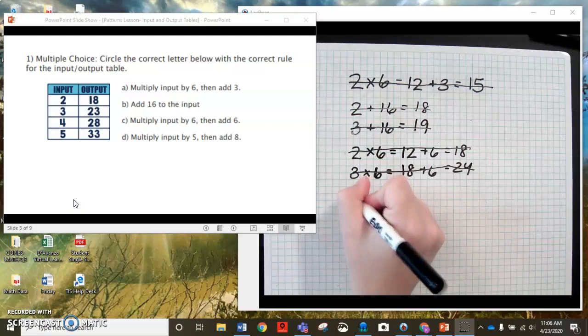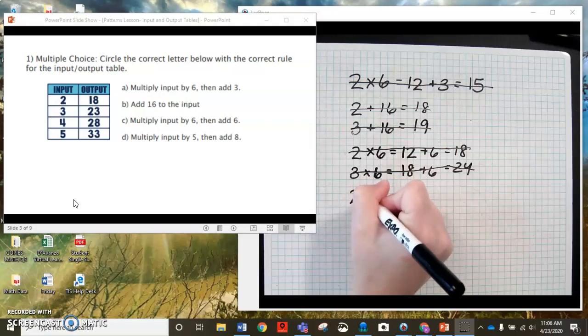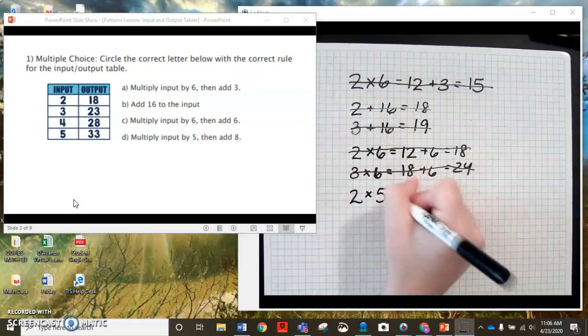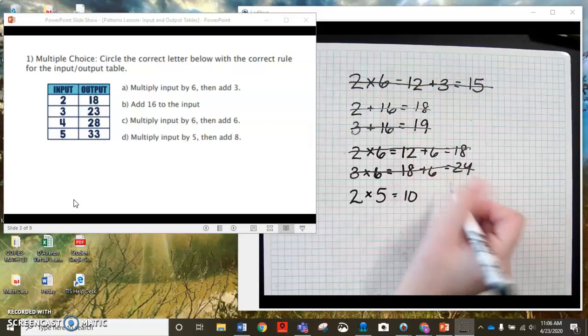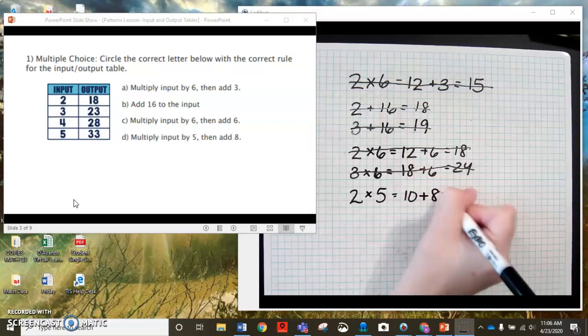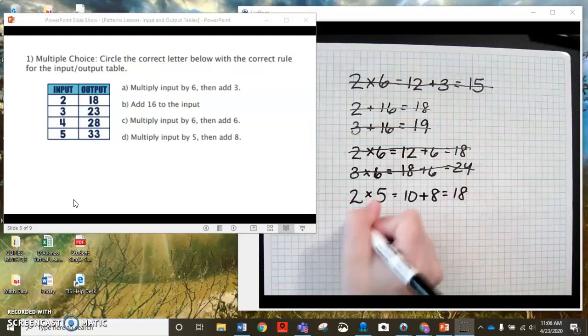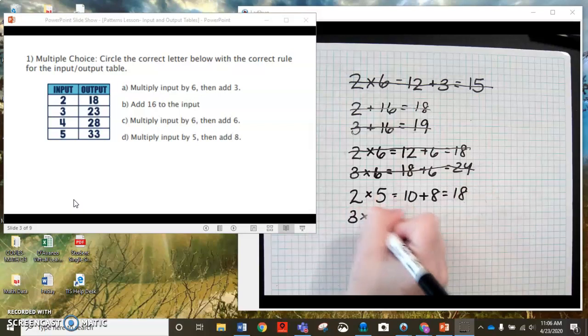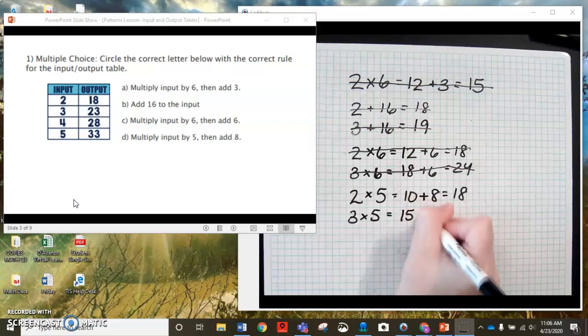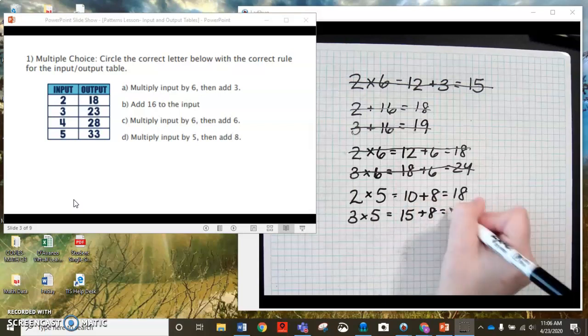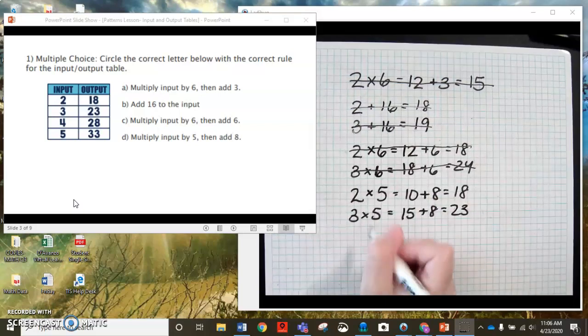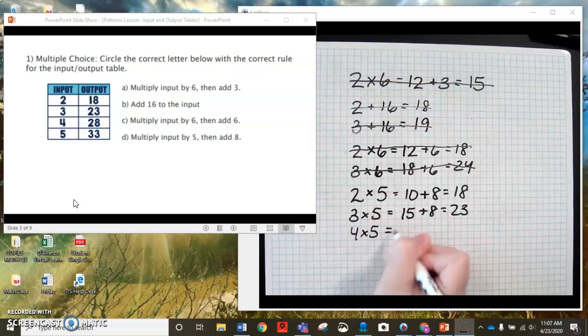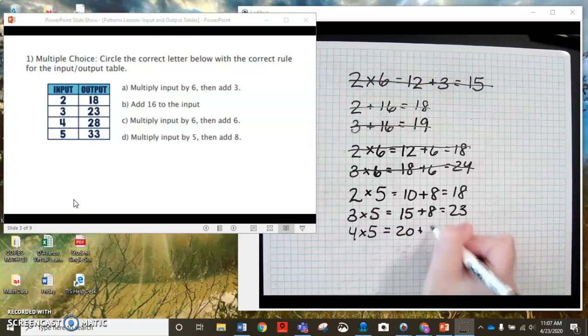So the rule for D says to multiply the input by 5. So we get 10, and then add 8, and we get 18. When we do it with 3, we get 15 plus 8 equals 23. 4 times 5 equals 20, plus 8 equals 28.